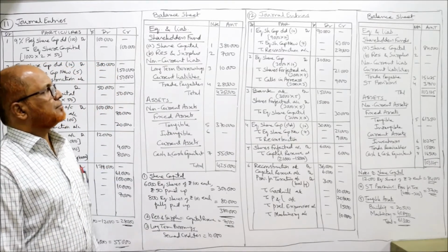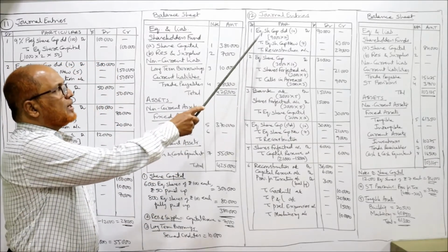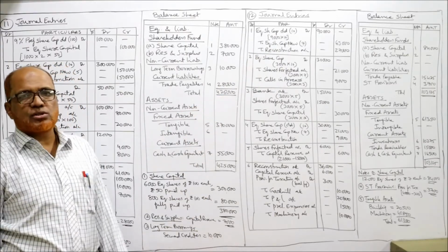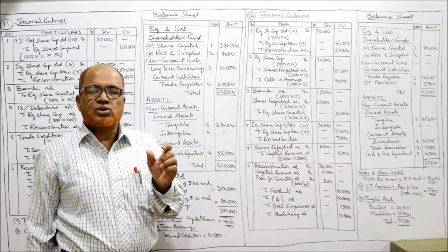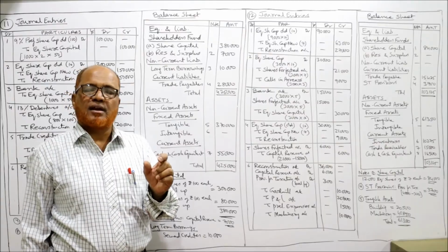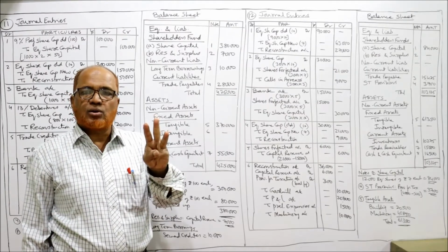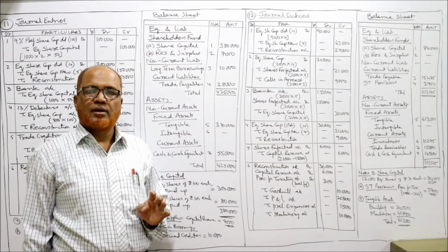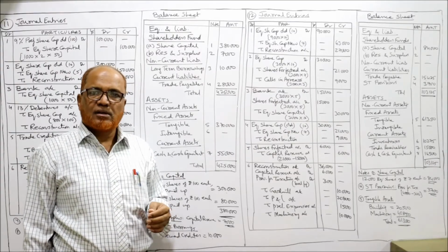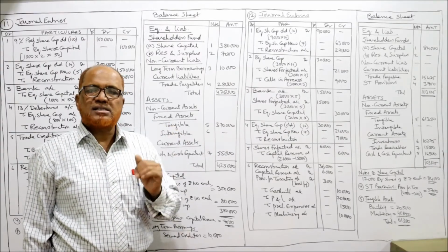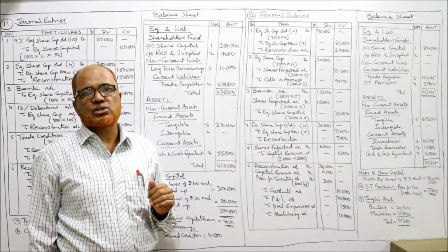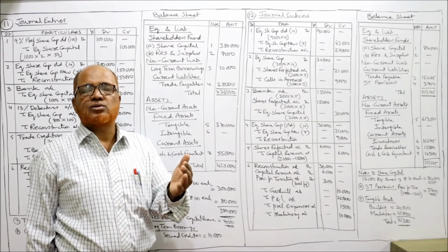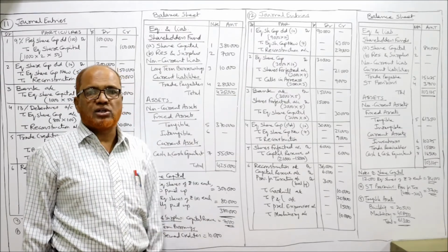First of all, journal entries. Equity share capital account debit 10,000. Actually 12,000 subscribed capital were there. Out of 12,000, 3,000 shares we are forfeiting. तो 3,000 निकाल दो उसमें से. तो 12,000 minus 3,000, 9,000 shares. So we are converting 9,000 equity shares into new equity shares.